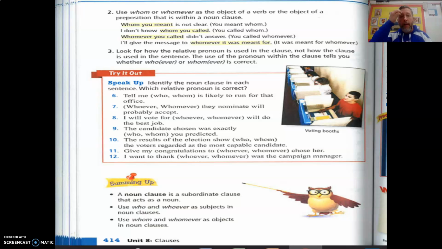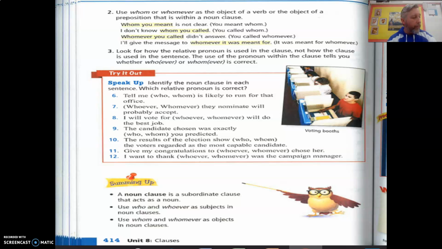And we're back. Look at number 6. Okay, so which one did you get for that one? Okay, that one should be who. Tell me who is likely to run for that office because we're in the subject there. Number 7. Maybe you're tempted to say, well, they're in the subject there, right?